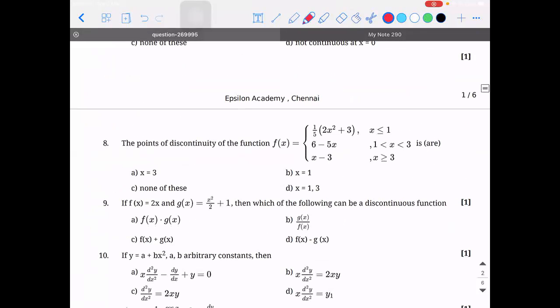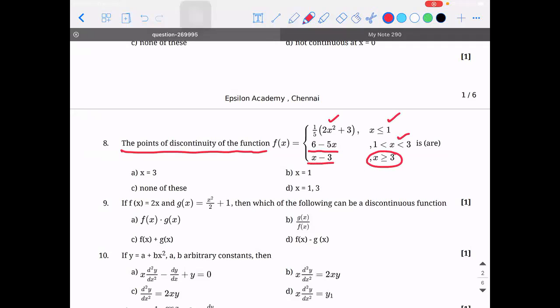If I have to explain this with respect to a problem, the points of discontinuity of this particular function is what? If you observe, the function f of x is not the same everywhere. You have (2x square plus 3) divided by 5 for x less than or equal to 1, 6 minus 5x for x between 1 and 3, and x minus 3 for x greater than or equal to 3.